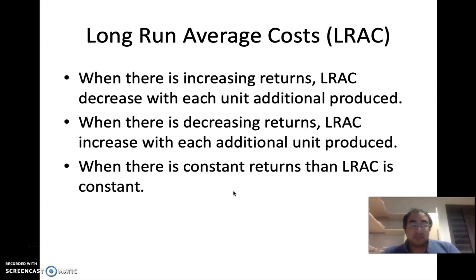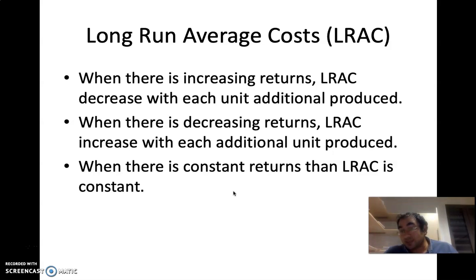Since we don't have labor as the only factor, but all factors can vary, when doubling all factors gives us increasing returns, the long-run average cost curve will decrease because your returns are increasing per every additional unit produced. If the returns are decreasing, the long-run average cost curve will increase.